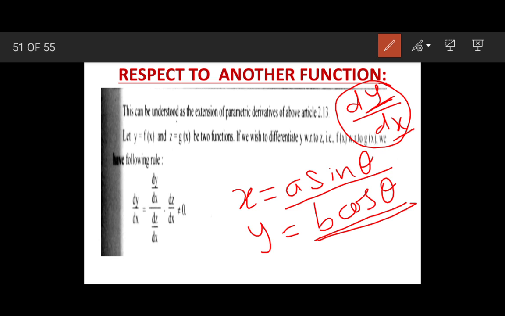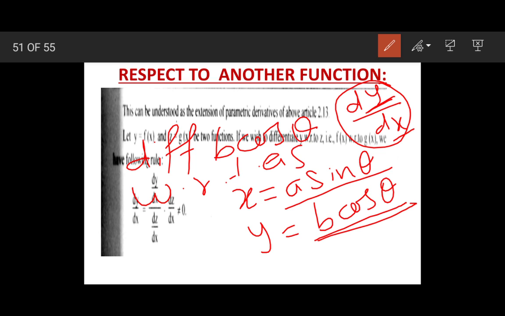So in another word we can write this dy upon dx as differentiate y, meaning b cos theta, with respect to x, meaning a sin theta. That is the other way of writing this part.